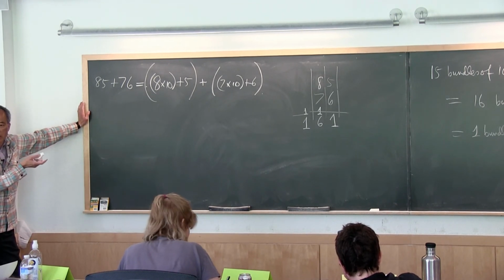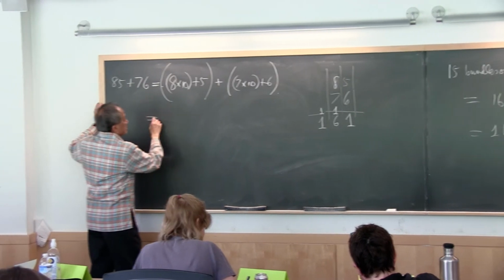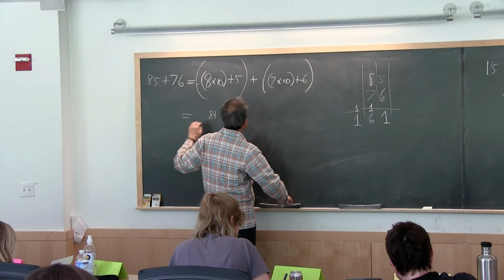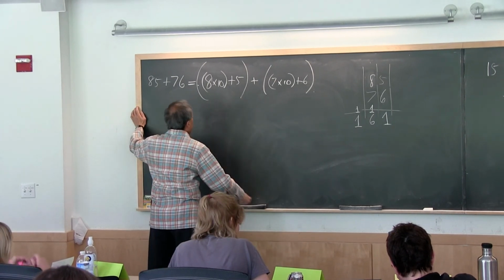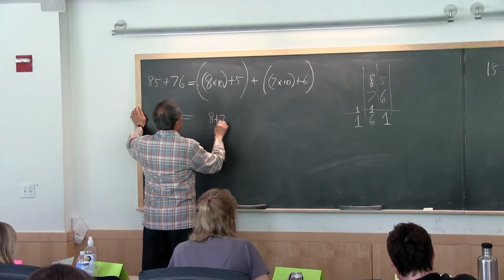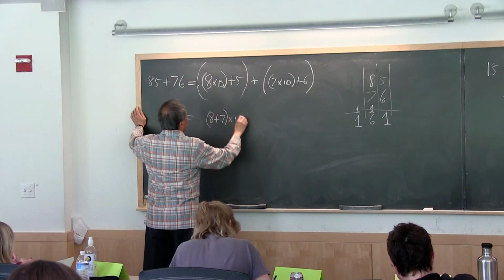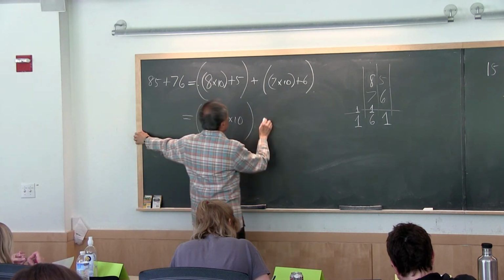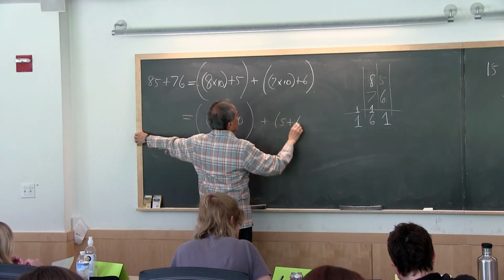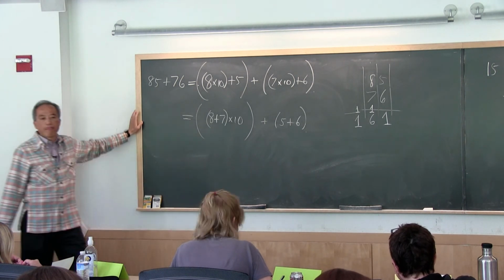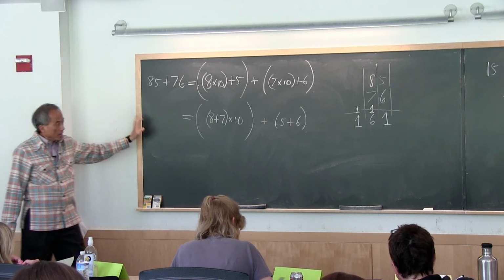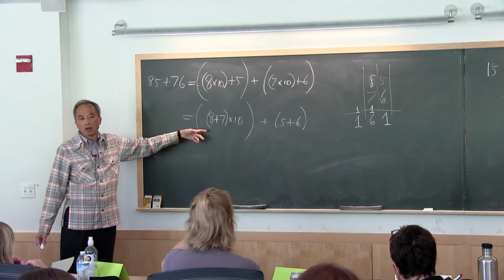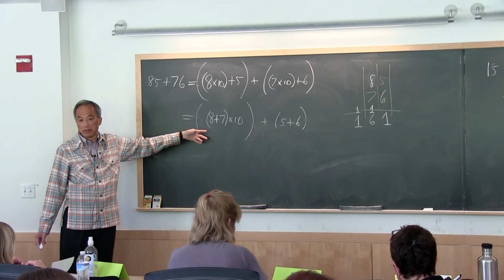Again, we do the obvious thing, which is the distributive law. 8 plus 7, plus 5 plus 6. And this is the statement that everything is reduced to single-digit column by column addition. Right?